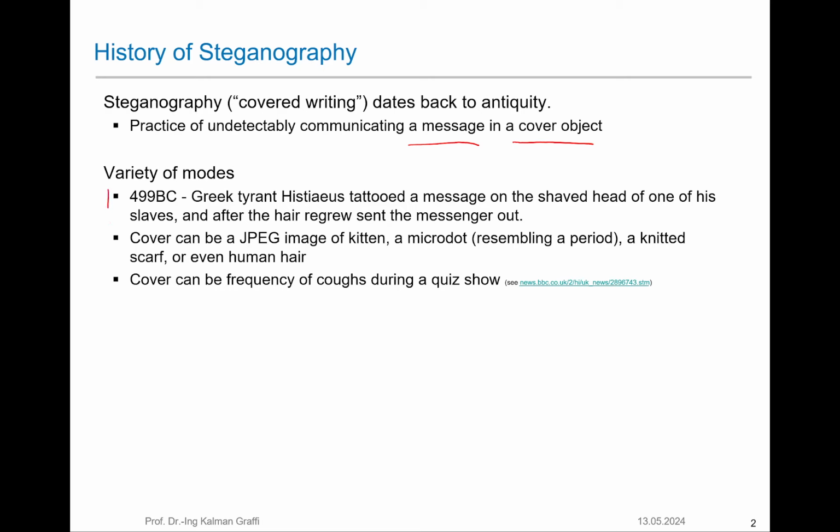So around 2,500 years ago, there was a Greek tyrant, Histiaeus, and he wanted to communicate with his son-in-law that they should attack a common enemy at a specific time. But that communication should not have been captured.